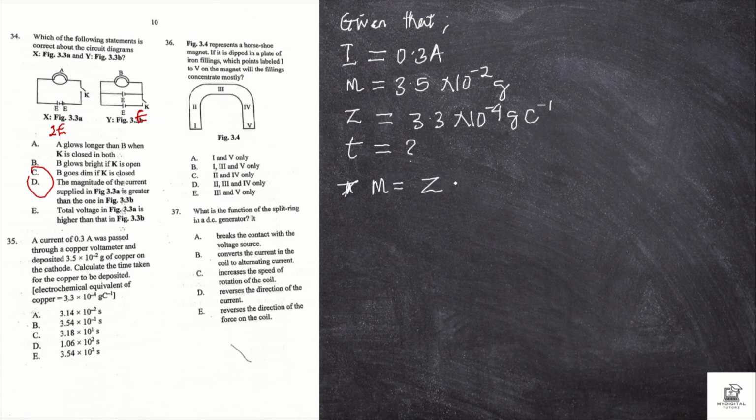Is that correct? So we are given that the mass, 3.5 times 10 raised to the power minus 2, is equal to the electrochemical equivalent, 3.3 times 10 raised to the power minus 4, multiplied by the current, which is 0.3, multiplied by time.